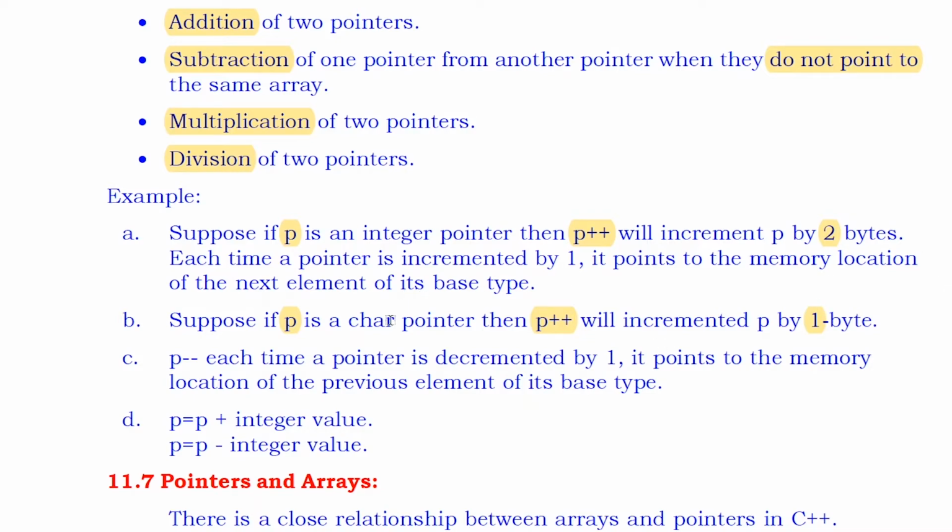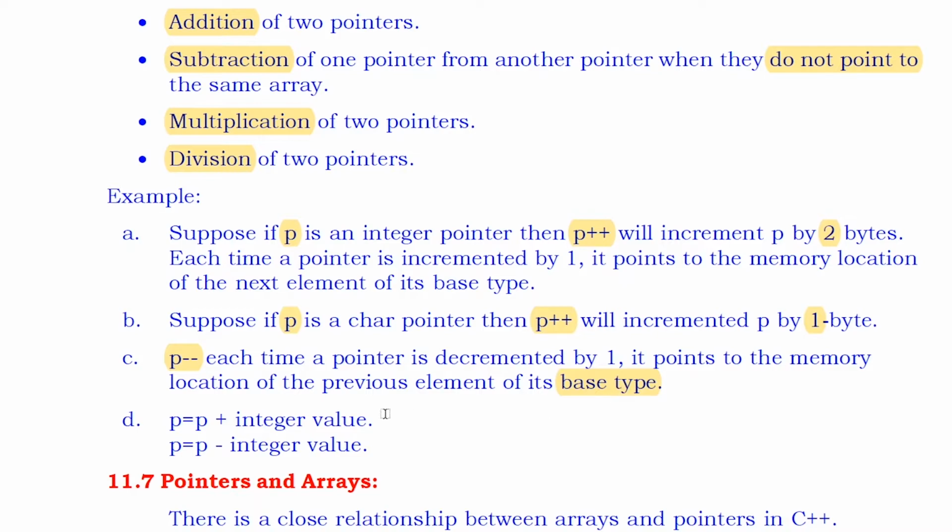Similarly, you can perform the operation of minus minus. Each time the pointer is decremented by 1, so it is shifted to the previous memory location depending on its base type. That is, for an integer it is subtracted by 2 and moves back 2 memory locations. If it is float, minus 4, and if it is character, minus 1.